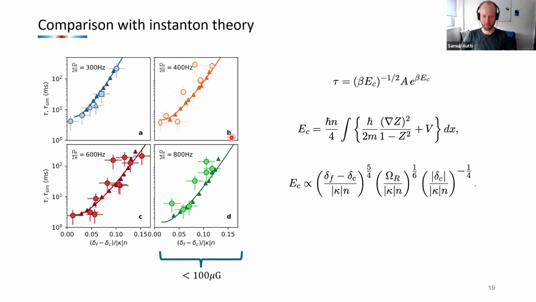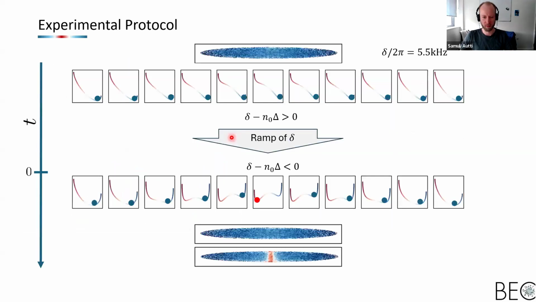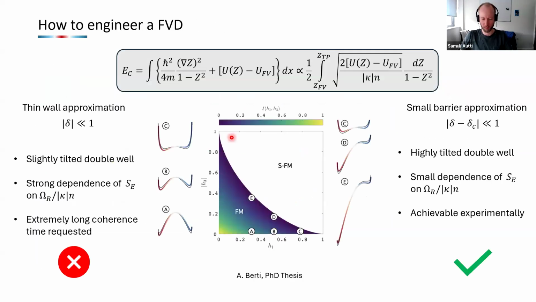I might actually continue from there. You had this slide towards the end of the presentation about the two simple cases in theory, one of which you've been discussing, and the other one which is not accessible in cold atom experiments, at least as of now.